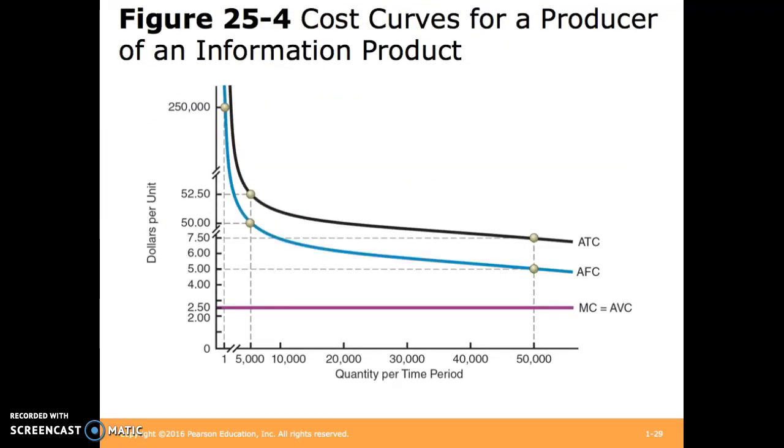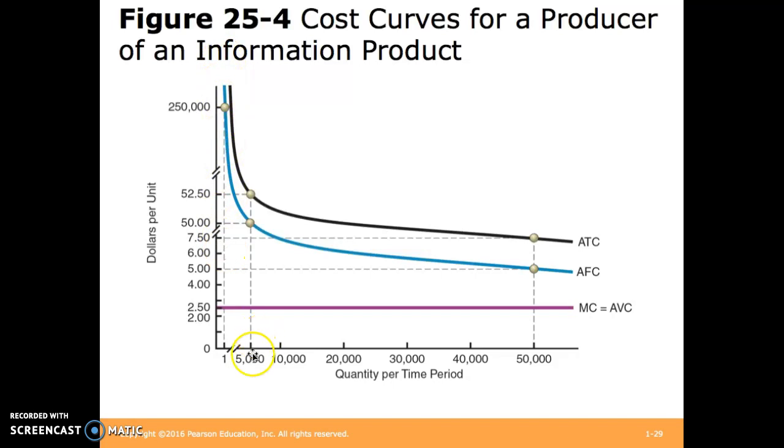Here's a graph of the average total cost, the average fixed cost, and the marginal cost or the average variable cost of an information product. We can see that if we're only producing and selling one product, then the cost is very high per unit.